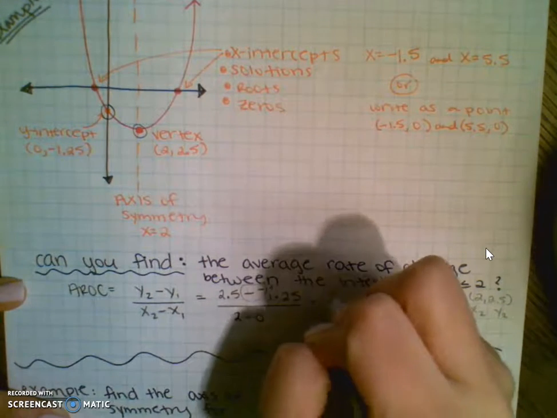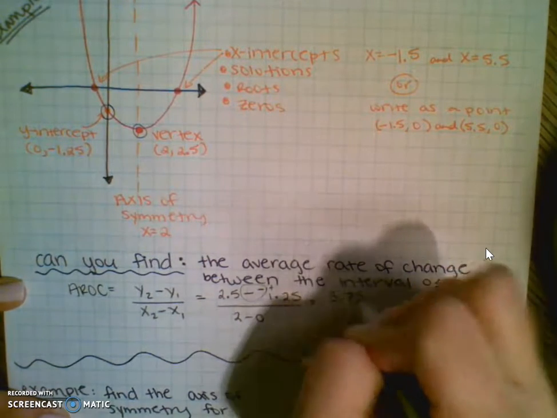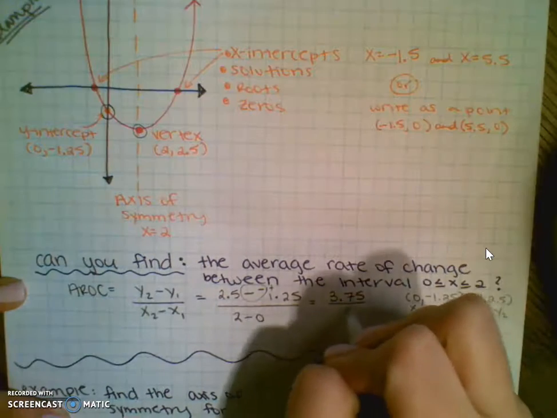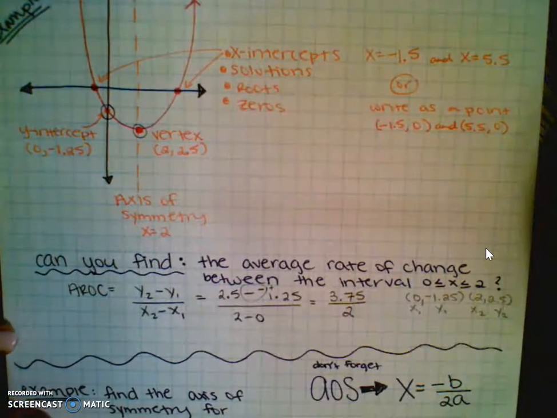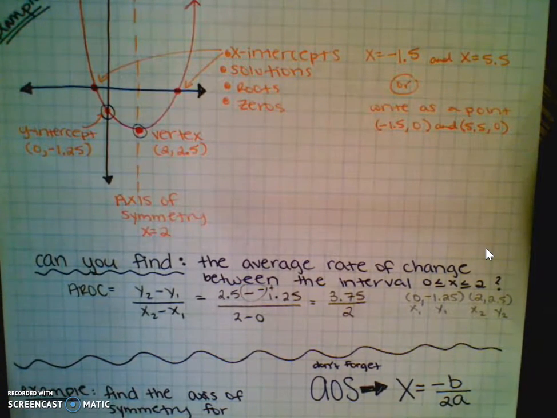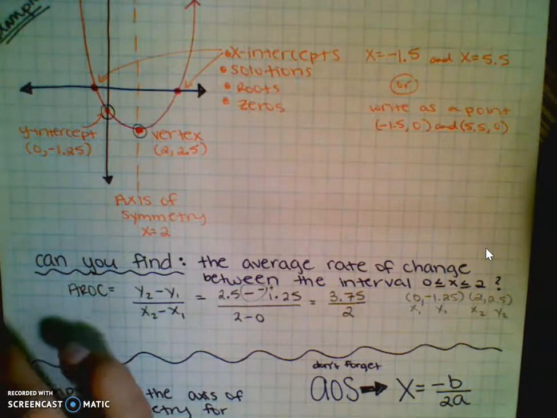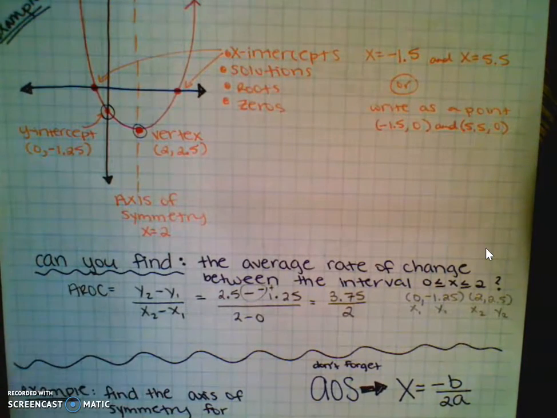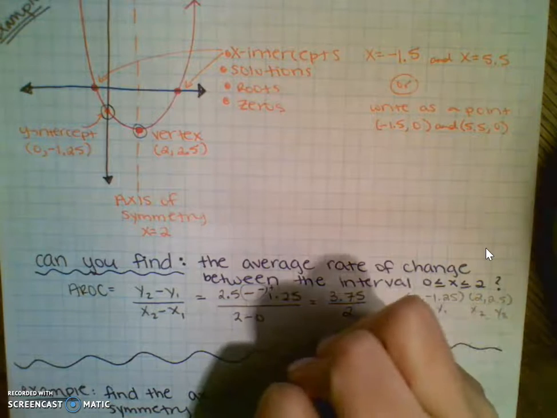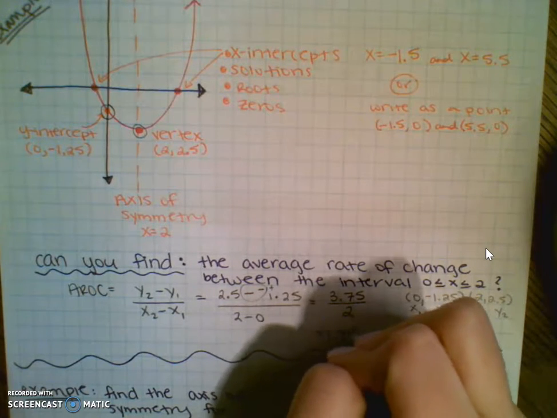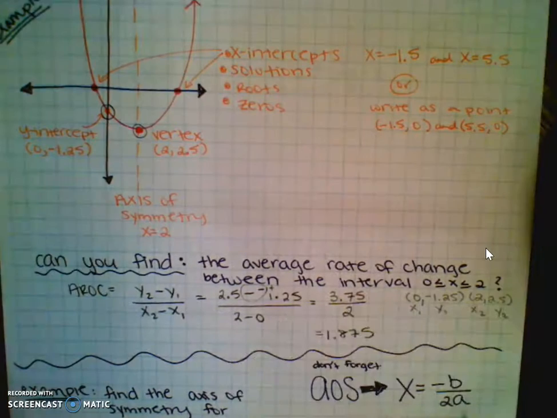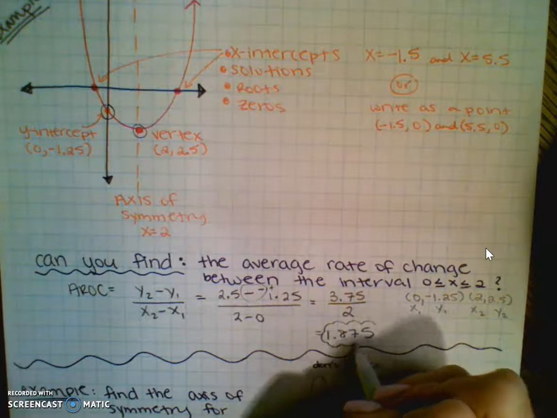Okay, so this should end up being 3.75 over 2. If I don't do it like that, use your calculator. 3.75 divided by 2 gives me 1.875. Okay, so this is your final answer.